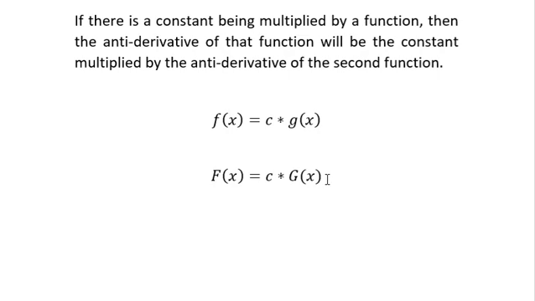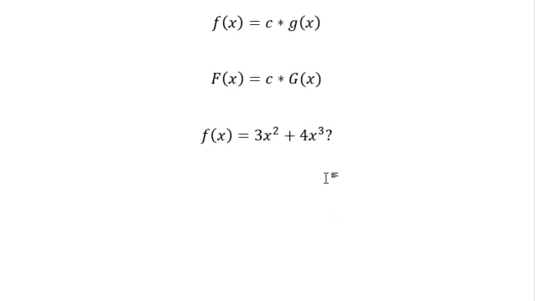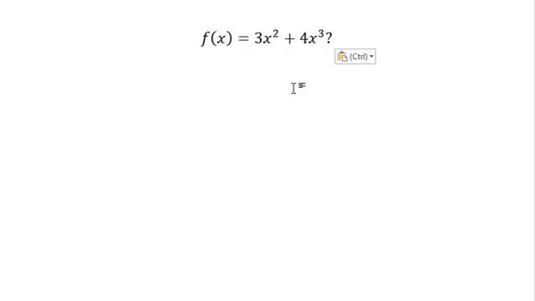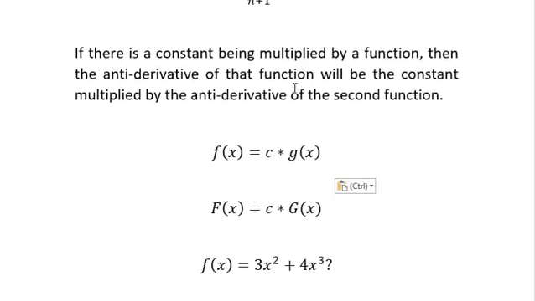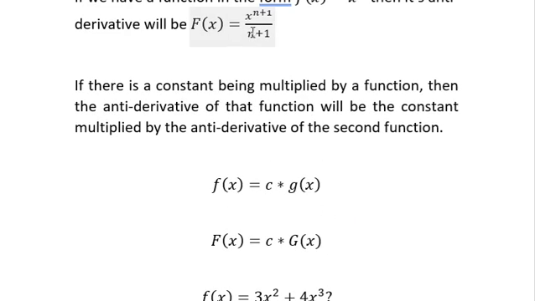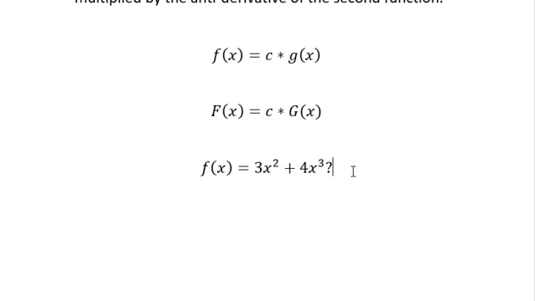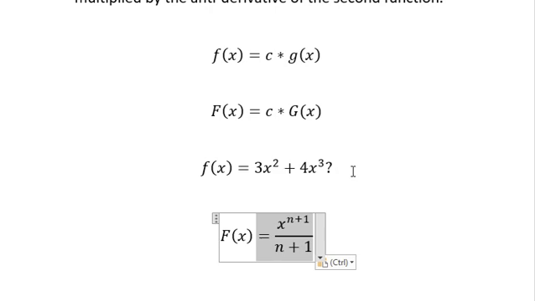Okay, so in this case, let's start with 3x squared. We can use this formula. Here, n will be the power of 2. I'll write the formula here so we can take a look at it, and highlight it in yellow.